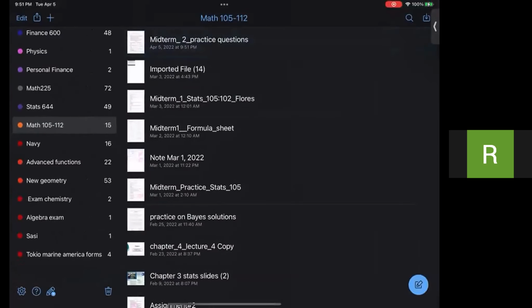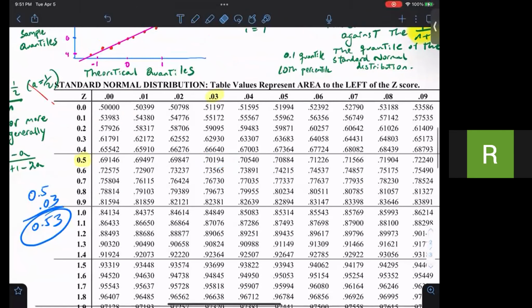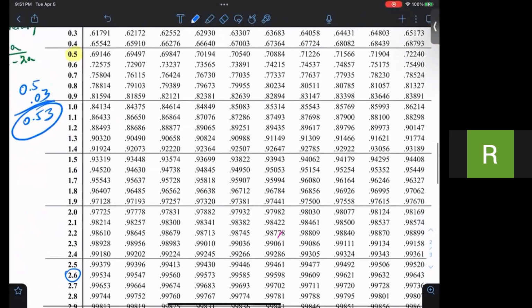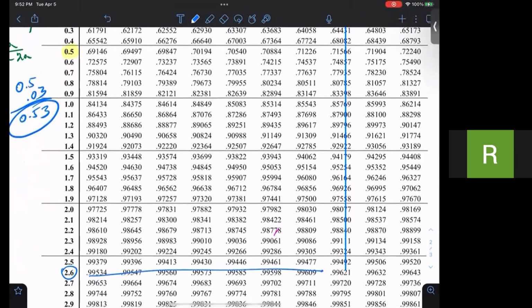I need to look at the table for 2.67. Here is 2.6 and 7 is about here somewhere. So 2.67 is 0.9962.